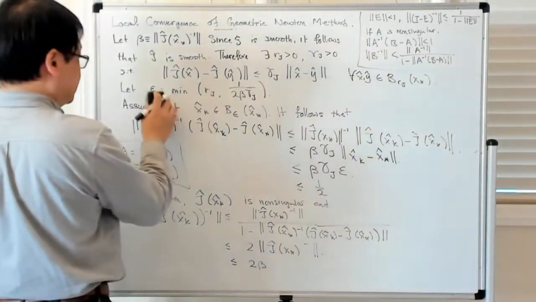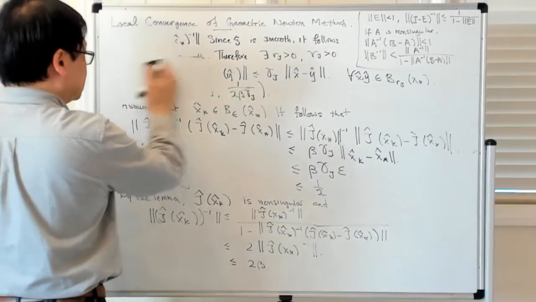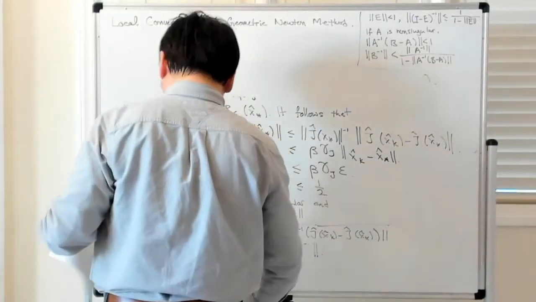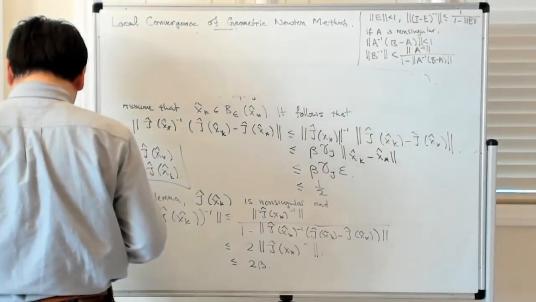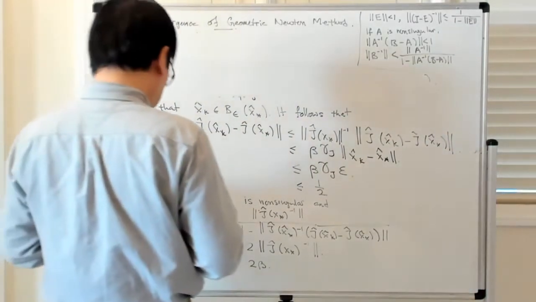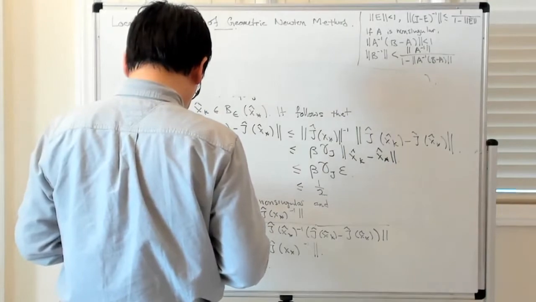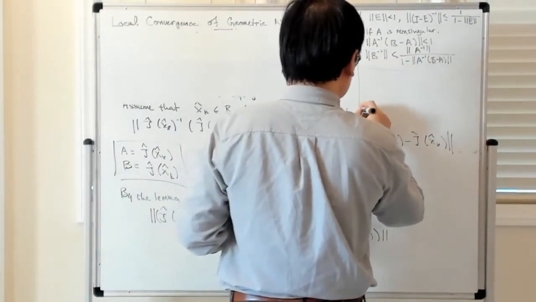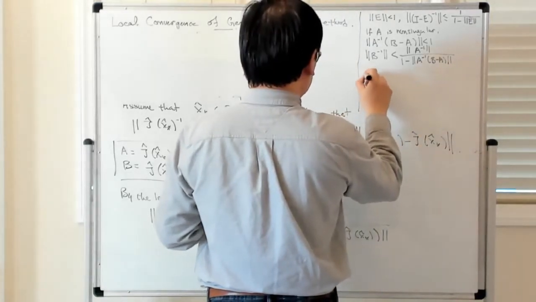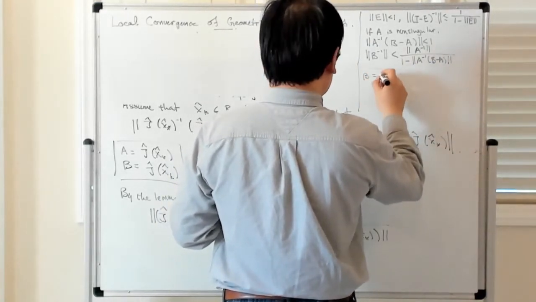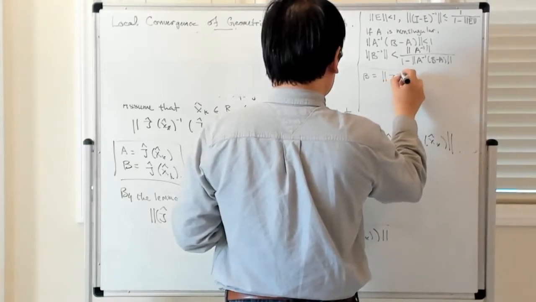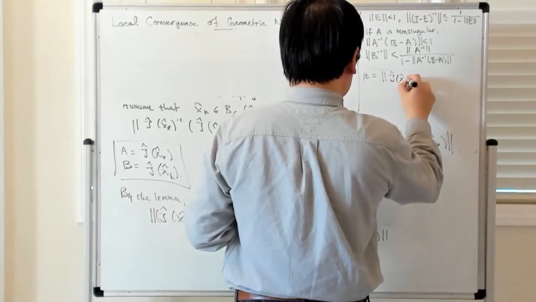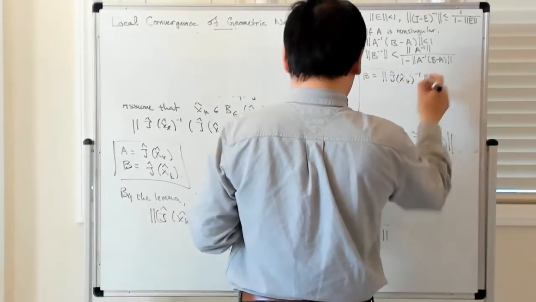So let me just state that. So this means that, maybe let's add a few more things here. Beta is equal to the norm of J hat x star hat inverse.